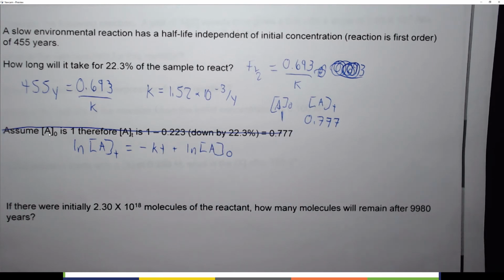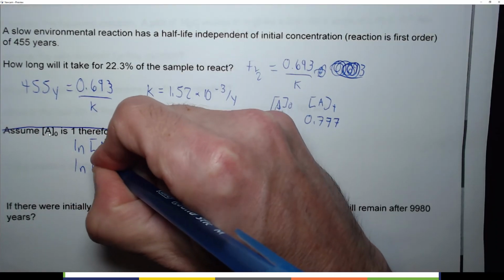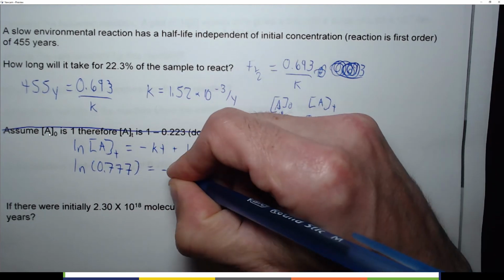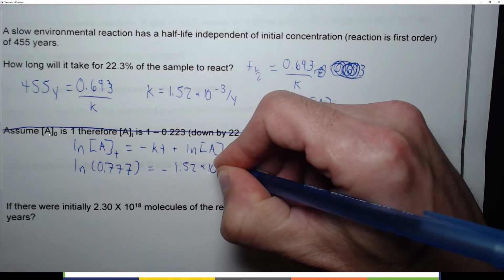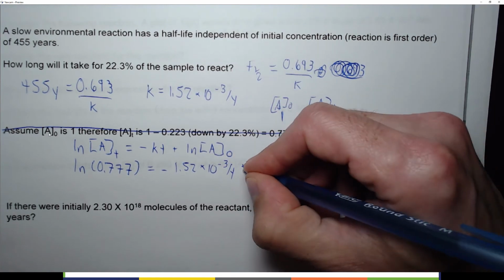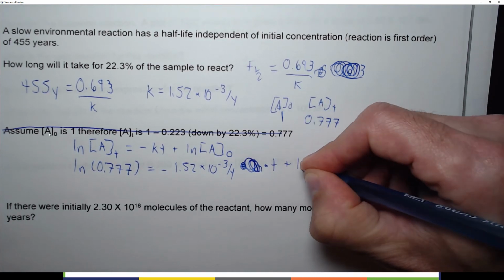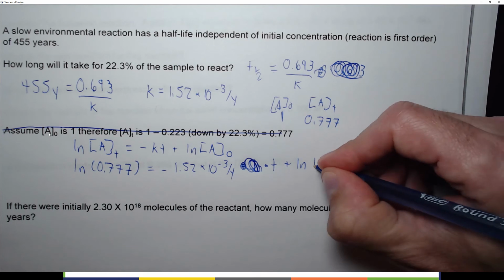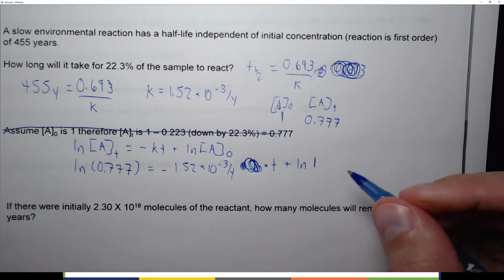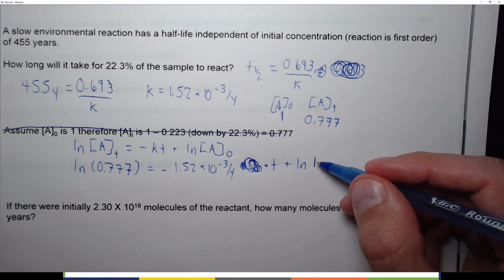Now we can find T. So the ln of 0.777 equals negative 1.52 times 10 to the minus 3 per year times T plus the ln of the initial concentration of A, which is 1. The ln of 1 is 0, so I can get rid of that.